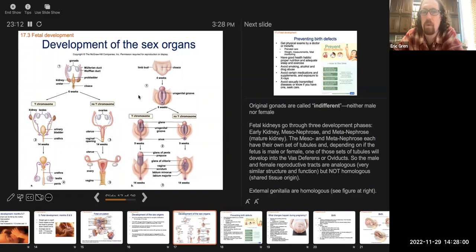Okay, so homologous structures for the external genitalia, analogous, which means similar in structure but actually coming out of different tissues, for the internal reproductive tracts in the male and female reproductive system.